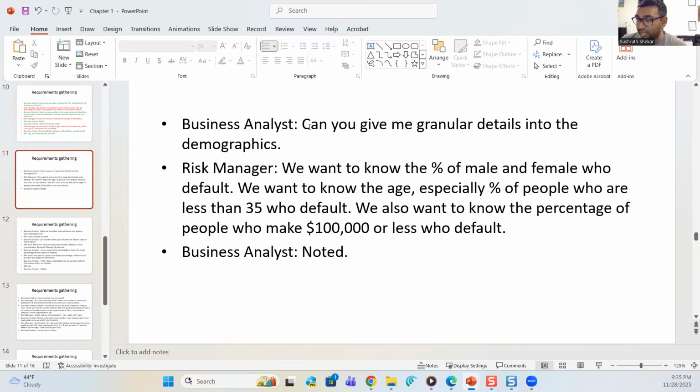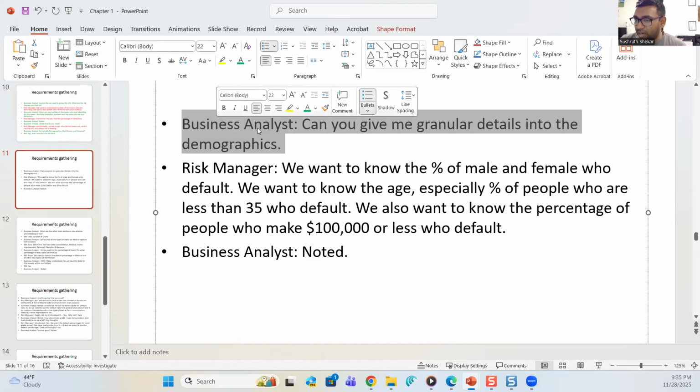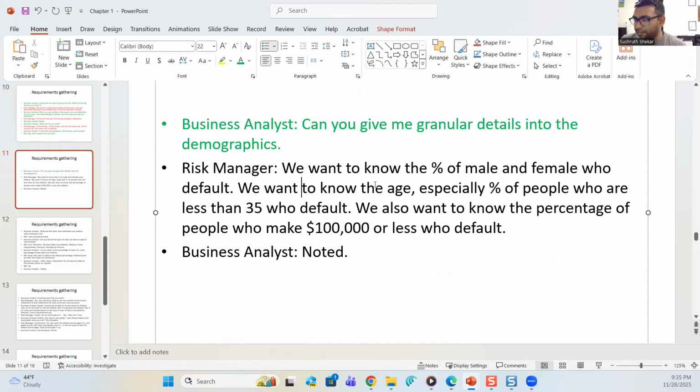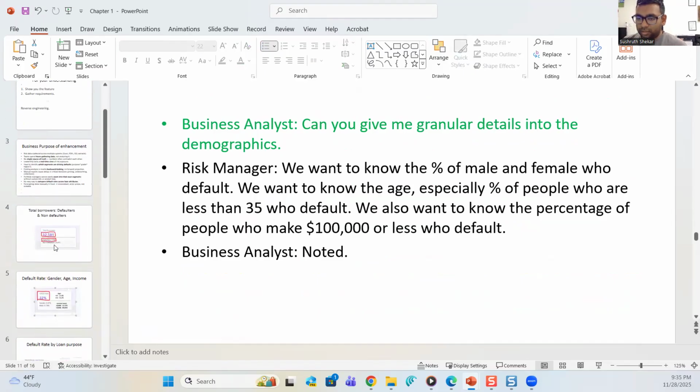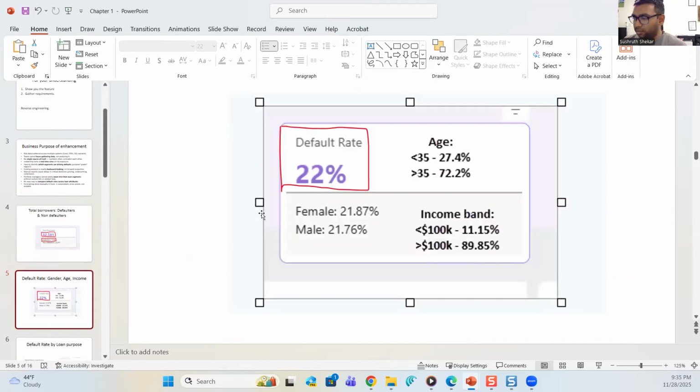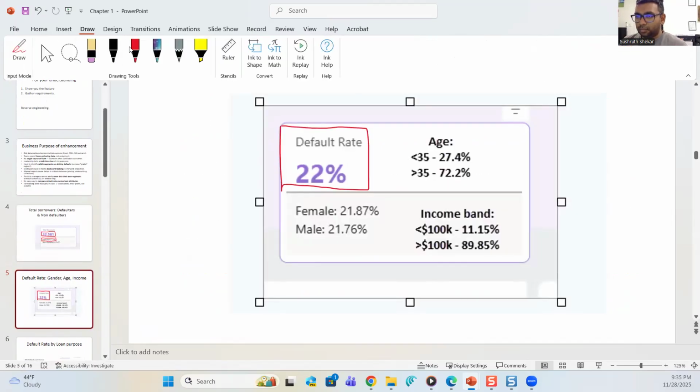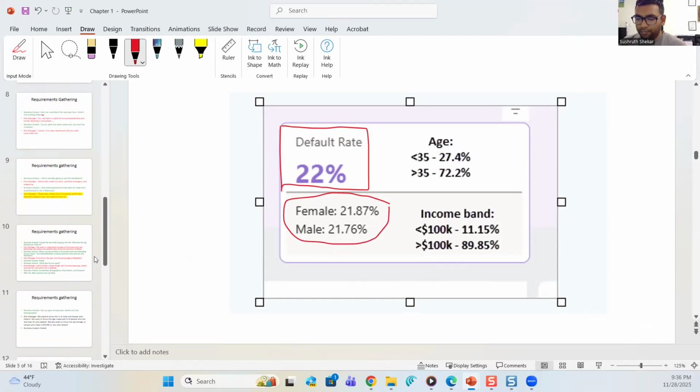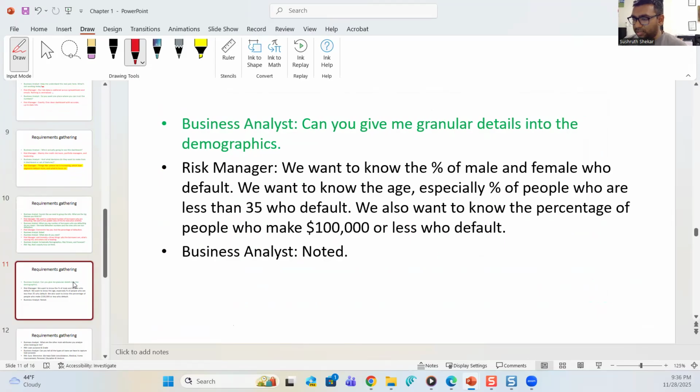Now I'm asking, can you give me granular details on demographics? The risk manager says, we want to know the percentage of male and percentage of female who default. And what else is he asking?